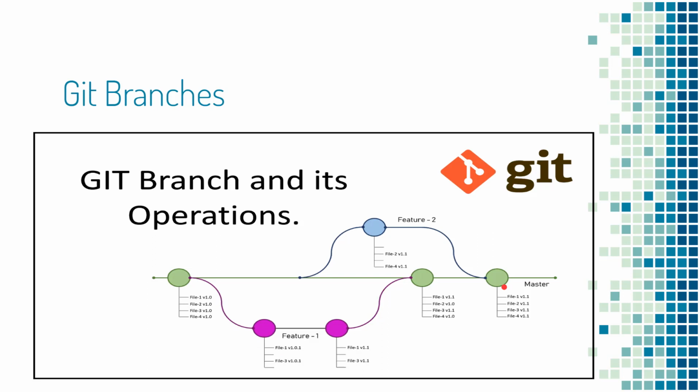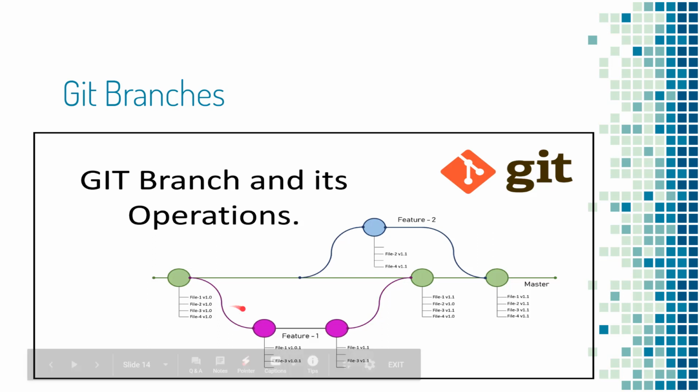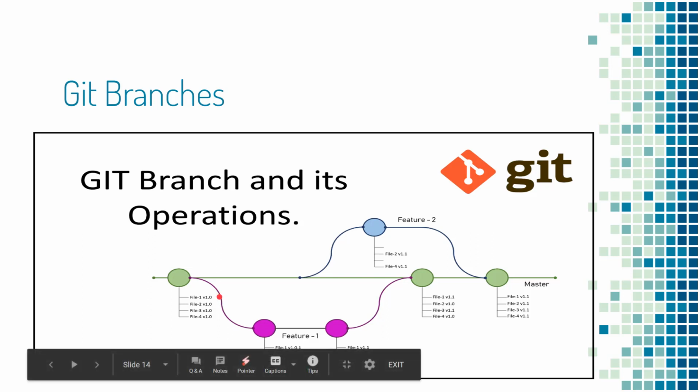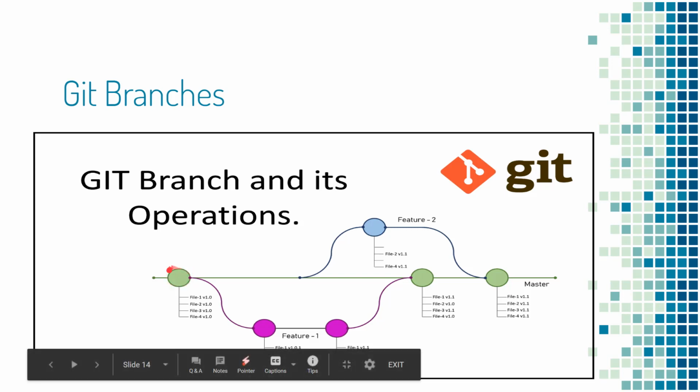So as a developer, in most cases, you will have your own branch, and if you are working on a really big web application, 2 or 3, let's say, developers might work on the same branch. So branching is not only to branch off master.